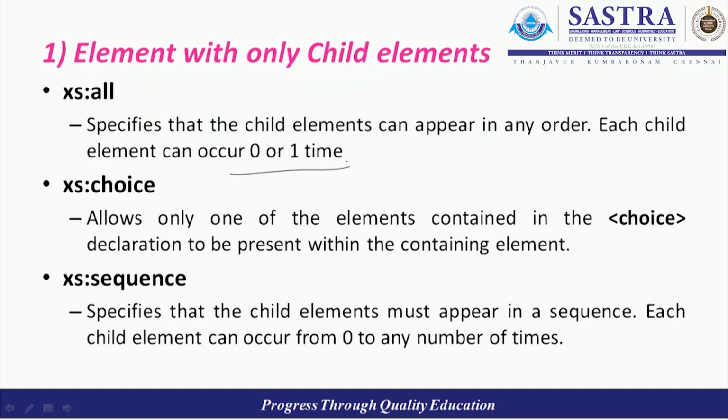As I mentioned earlier, choice allows only one of the elements contained in the choice element. For sequence, a set of elements can be included within the sequence tag, and these should be given in the same order in the XML document.